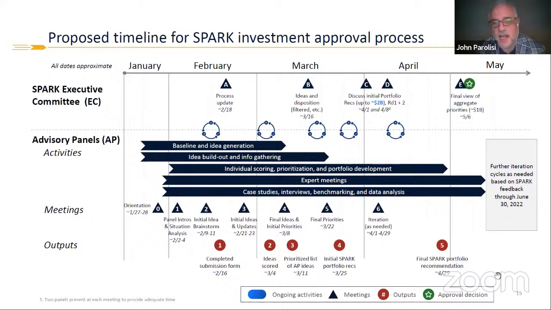So this is a pretty busy slide, but I'll walk you through it just to give everyone a feel for what the cadence of this process looks like. So if you go down to underneath advisory panels where the meetings are, the first meeting is this orientation session. So, not within a specific advisory panel. And then basically the flow in all of the panels is going to be, particularly over the rest of January, February, March, and into April timeframe, is to one, kind of form as advisory panels and really understand the situation.